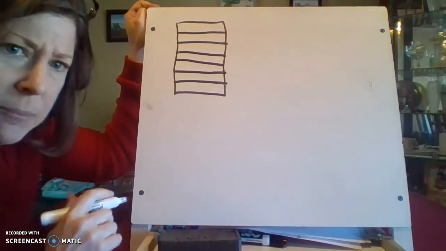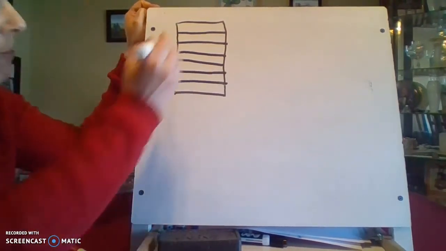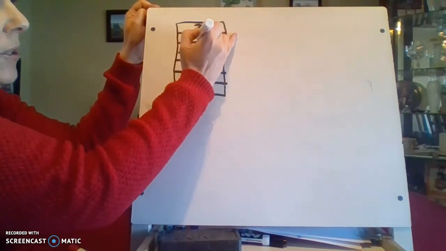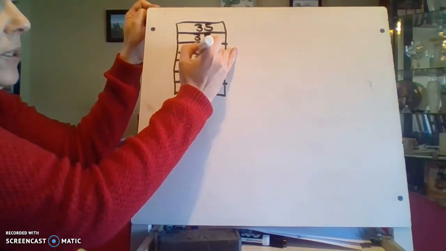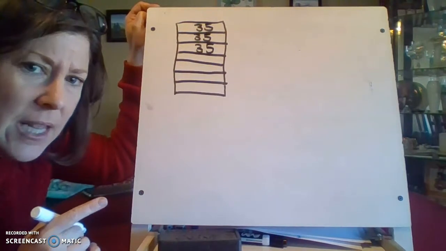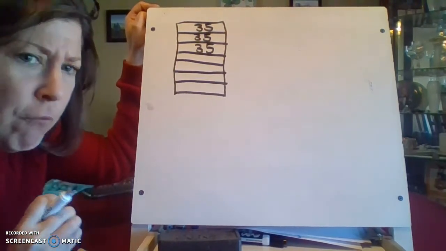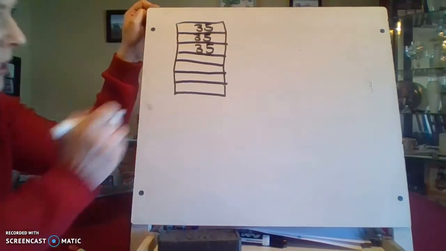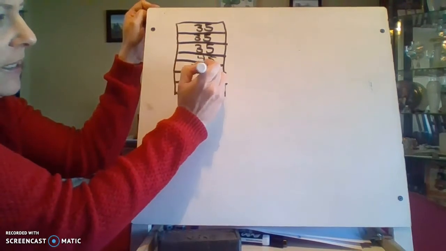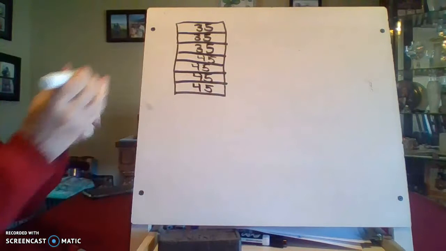And the top shelves each had 35 books. That meant there were 35 here, there were 35 here, and there were 35 here. The bottom shelves each had 45 books. So that means 45 on this shelf, 45 here, 45 here, and 45 here.